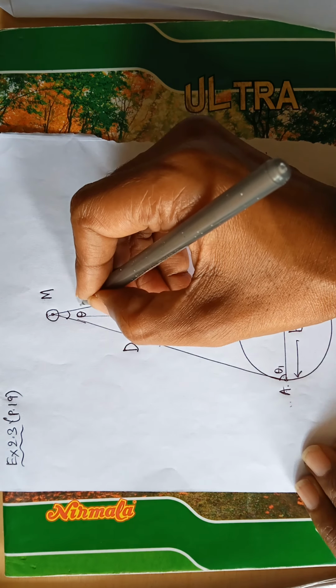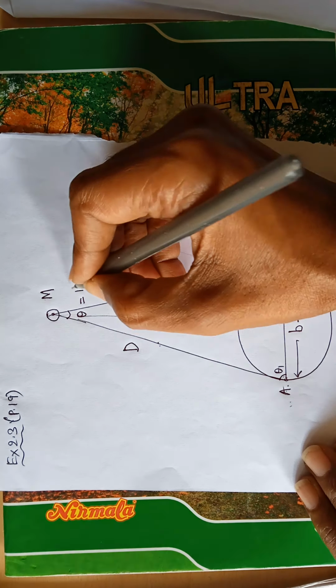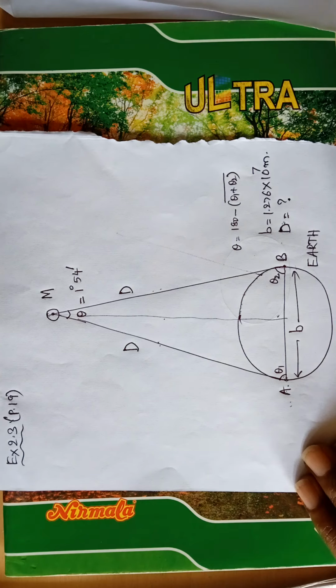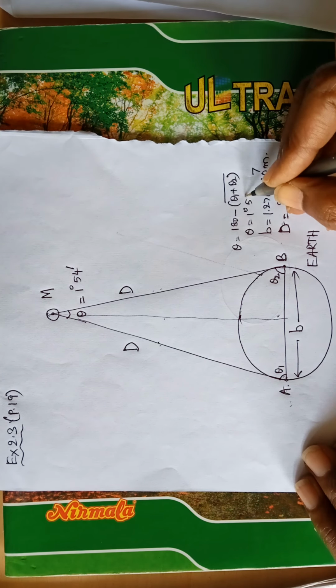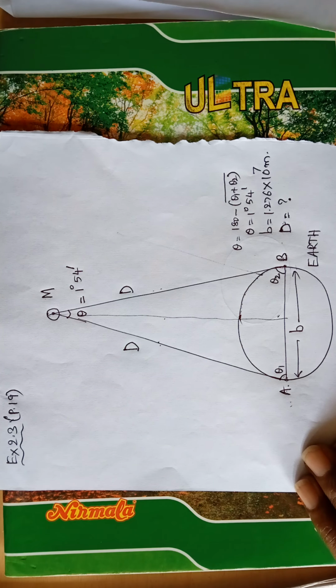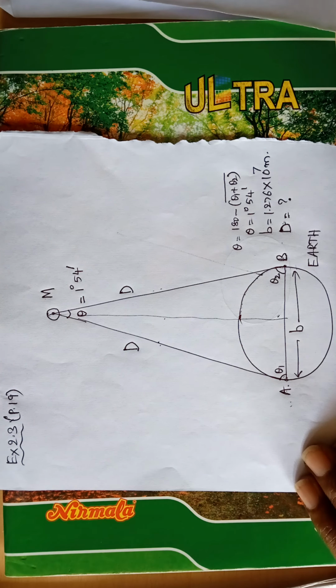This angle is given. How much is this angle? 1 degree 54 minutes. So theta is given, and here B value is given. So making use of these two readings, how can we find the distance of the moon?